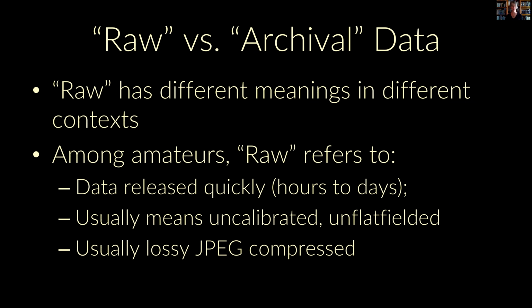In the case of the Curiosity Mastcam data, it's actually kind of awful because a lot of the data is now transmitted to Earth losslessly, which means that the Bayer filter has not been demosaicked to produce color images from the grayscale data.